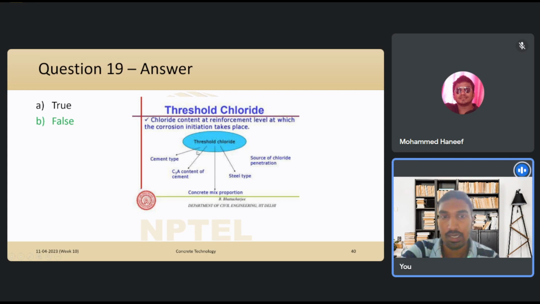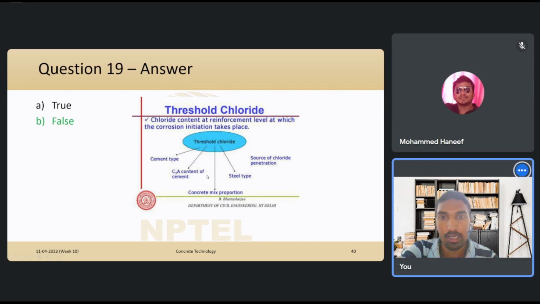A variety of factors determine what the threshold chloride content is, and one of them is the type of steel used, because the steel reinforcement is what is undergoing corrosion. So the type of steel will surely determine the chloride content at which it starts getting corroded.